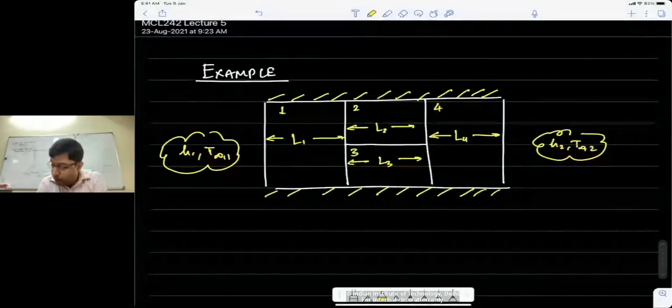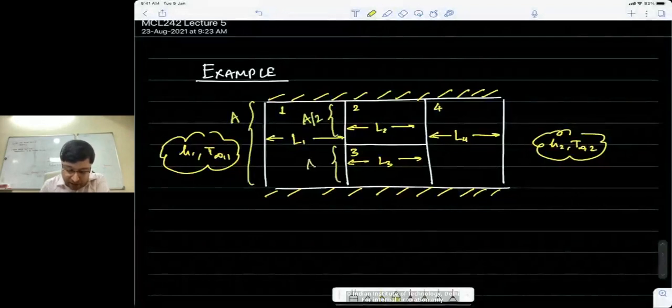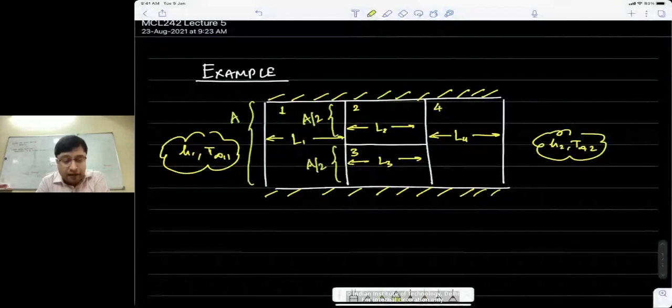Okay, the area is also known. So let's say the cross section area is A. Just for simplicity, even though it doesn't matter, let's say this is A by 2 and this is also A by 2. So the blocks 2 and 3 have half areas.